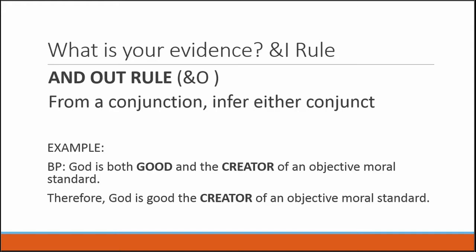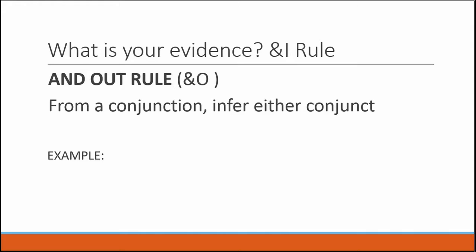Right? We have inferred one of the conjuncts. How about another example? Basic premise, C and G. We may infer the conjunct C. Or we may infer the conjunct G.